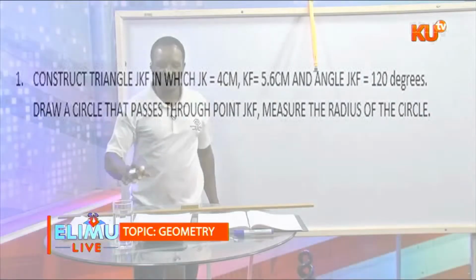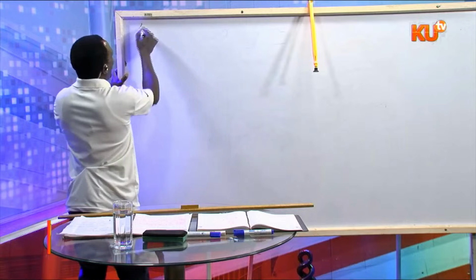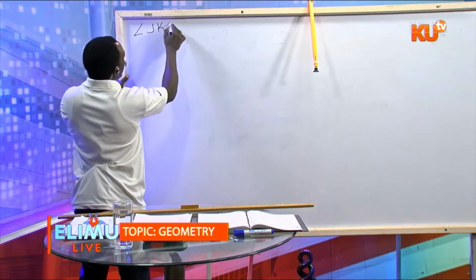After reading the question, go step by step. You have a triangle JKF.